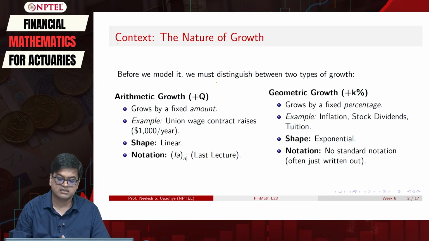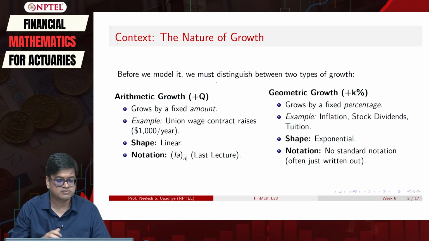All these are use cases of geometric growth, where the increase is exponential. In such cases, there is no standard notation as we have for increasing annuities, so we will just figure out some notation for our purposes.